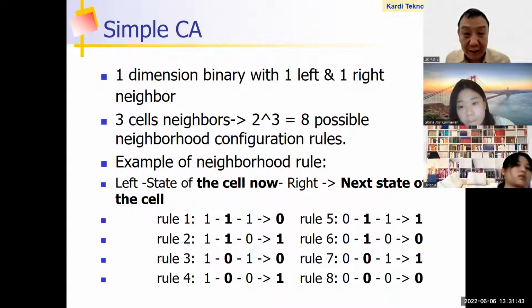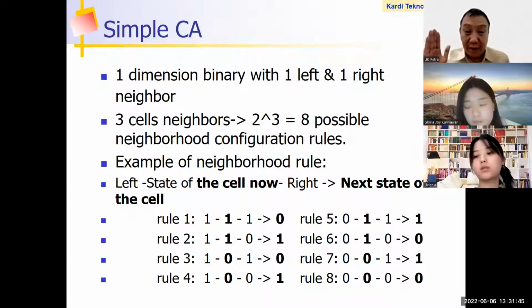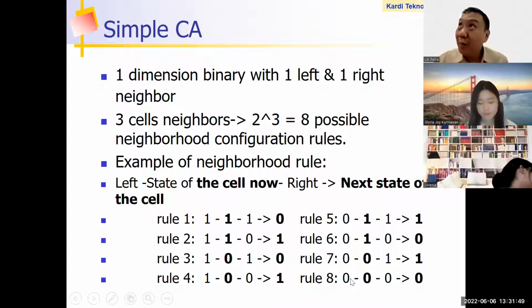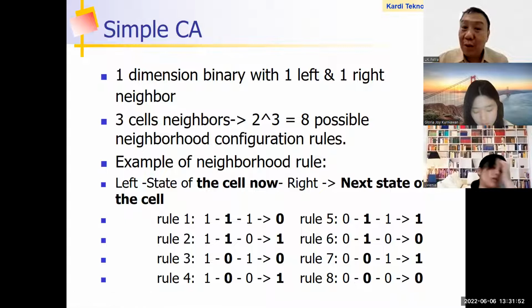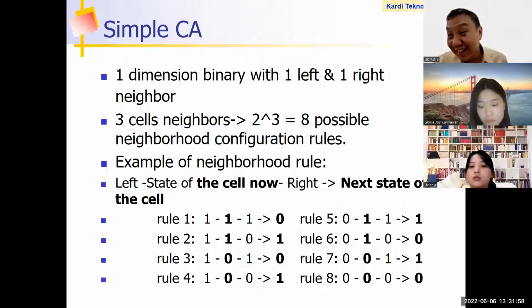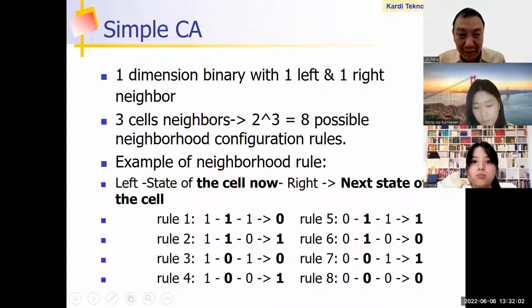So for the rules, you have 2 exponent 8, which is 256 rules only. Simple, right?